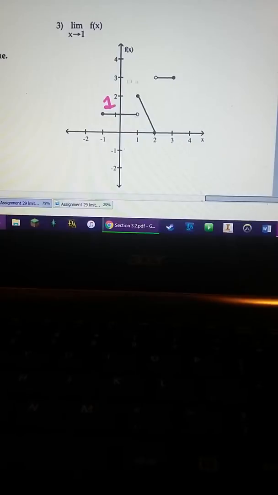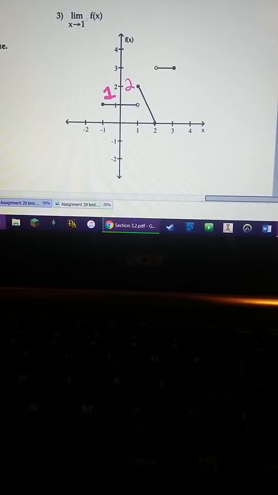This line, when x approaches 1, is at 2. So, I would guess no limit. I would hope no limit. I don't know if they're trying to throw multiple lines on here to confuse us, but I'm just gonna put down no limit. If you guys figure out a different way to do this, just let me know.